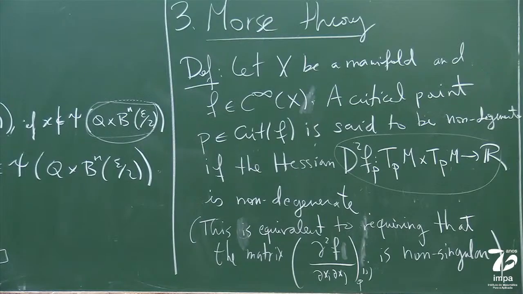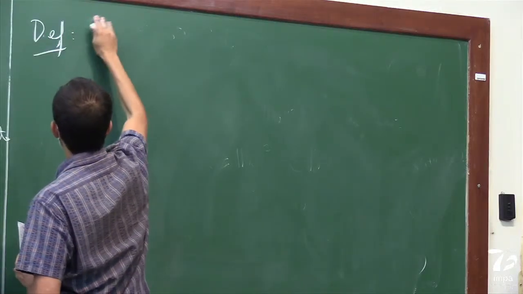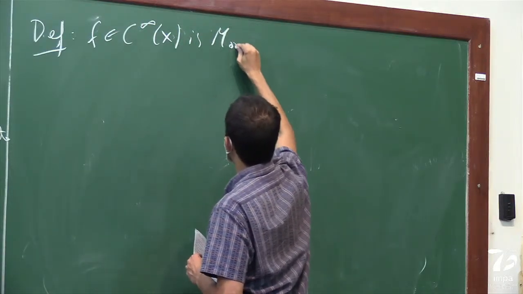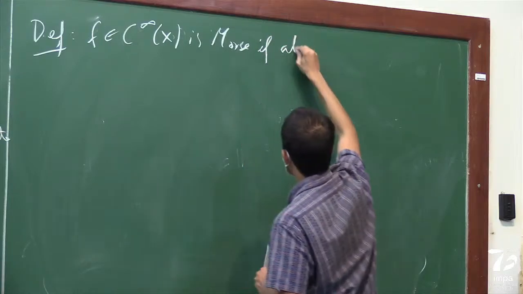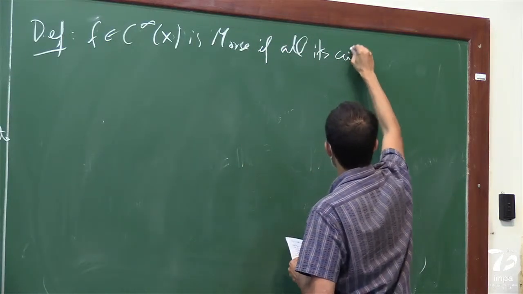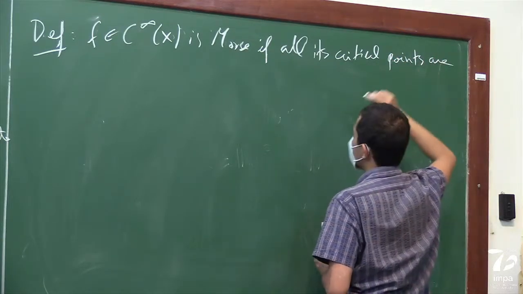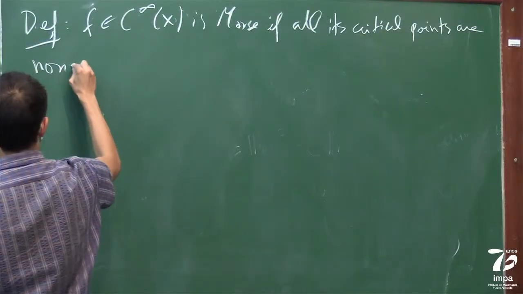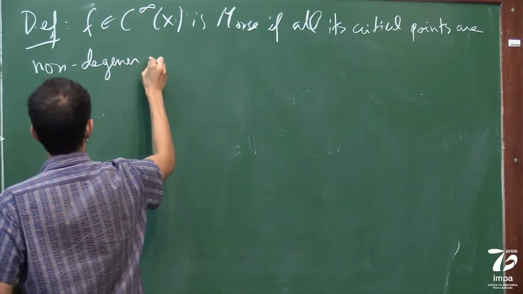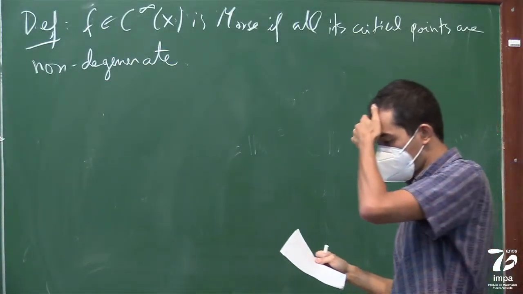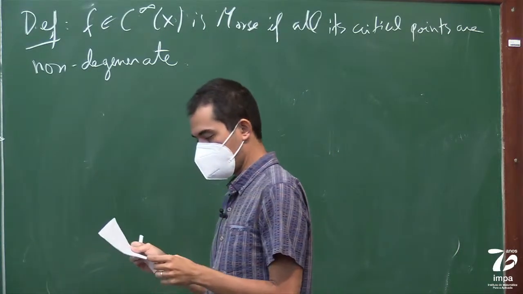And I guess before that, let's just define what it means for a function to be Morse. f is Morse if all its critical points are non-degenerate. Okay, so that's what it means to be Morse.